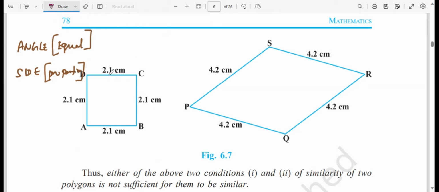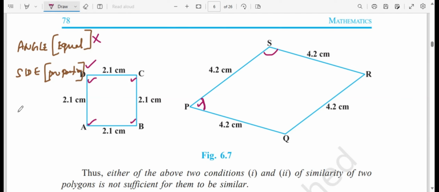Obviously we can see this is a square and the angles are 90 degrees, whereas these angles are not 90 degrees. This is an acute angle, less than 90, and this is an obtuse angle, greater than 90. So the angle criterion is not satisfied. Whereas the side criterion seems to be okay.